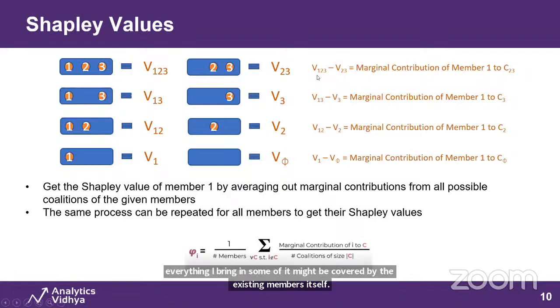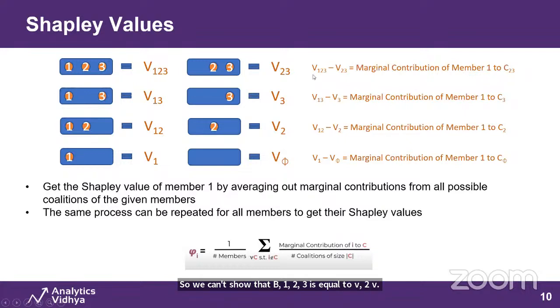So we can't say that V123 minus V23 is equal to V13 minus V3 and so on. That's why we say it's marginal contribution over a given coalition. Similarly, for all possible coalitions, we'll have 4. Since you have 2 members excluding 1, you have 4 different possible coalitions. And we have a marginal contribution of member 1 to all of these 4 different possible coalitions or combinations.